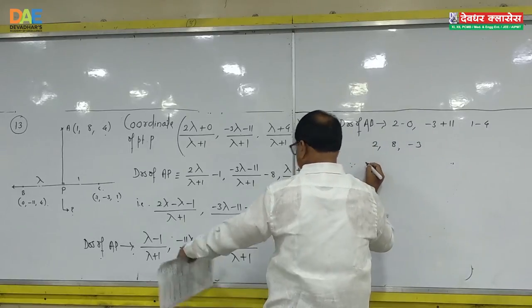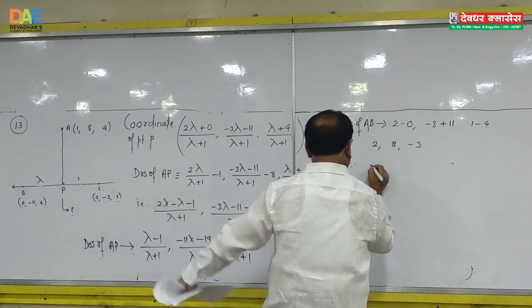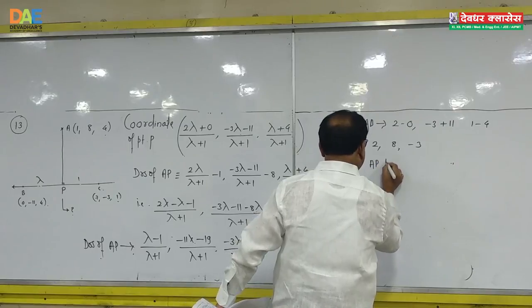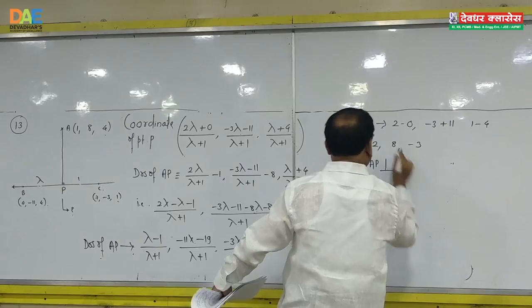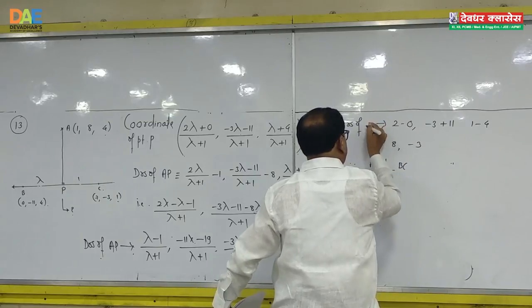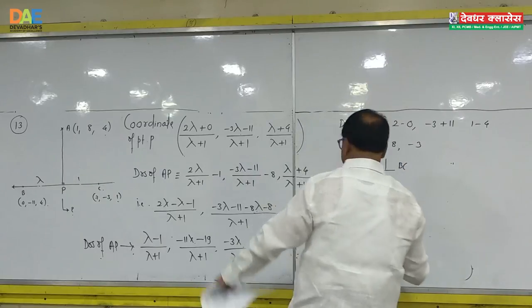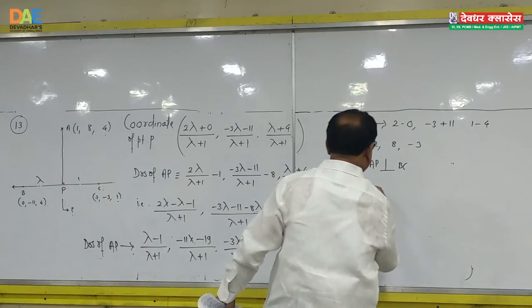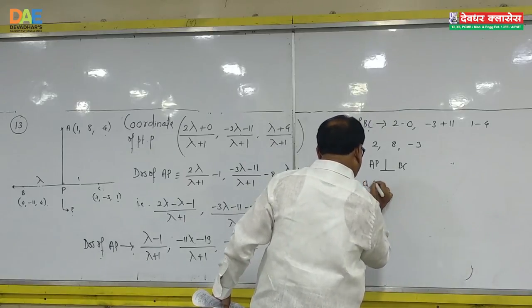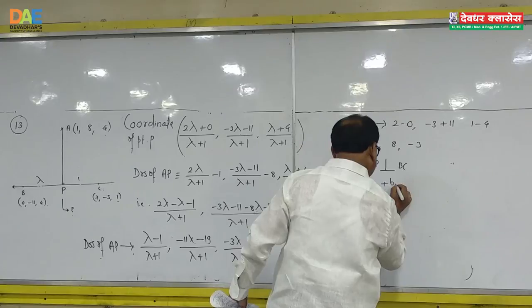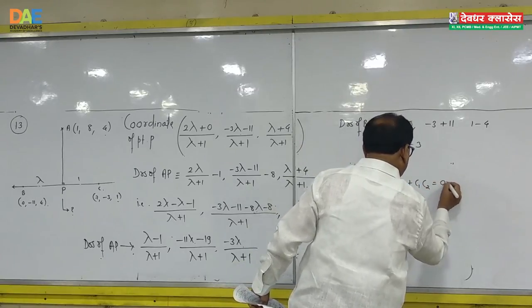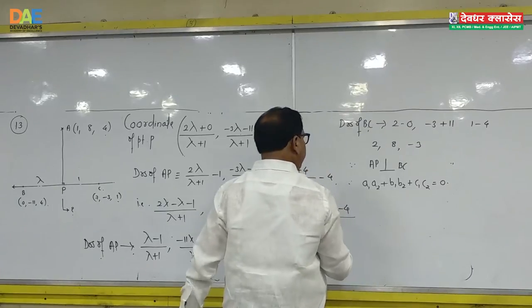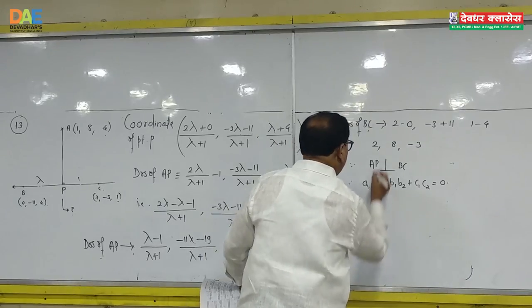Since AP is perpendicular to BC, therefore a1a2 plus b1b2 plus c1c2 is equal to 0, by the property.